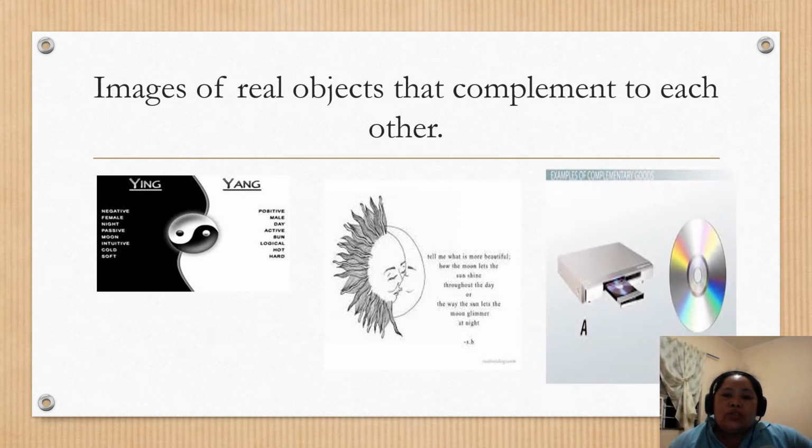Of course, your CD player is nothing without CD. And these two angles, 63 degrees and 27 degrees, make up a 90 degree angle. So we call them complementary angles.